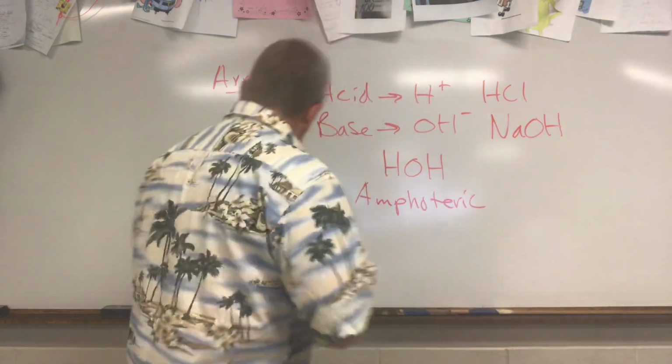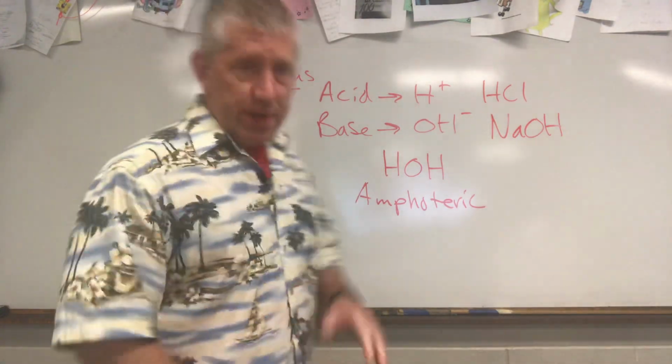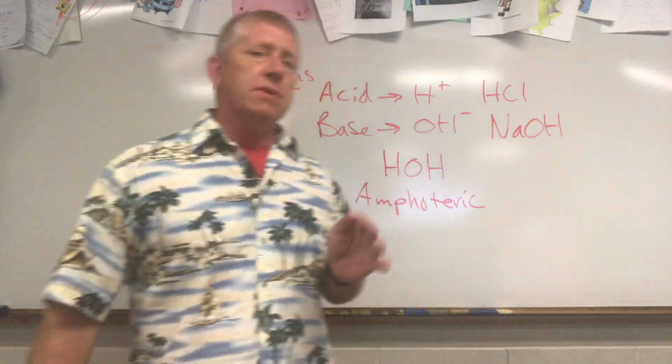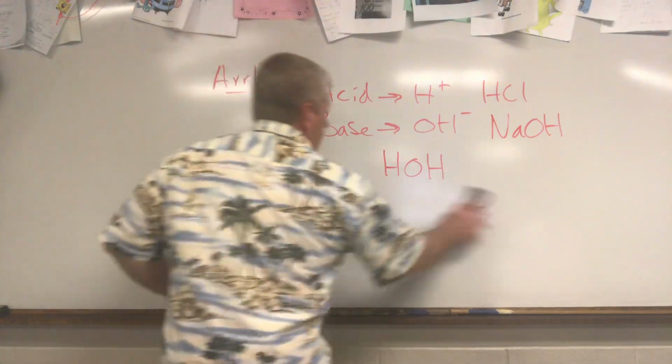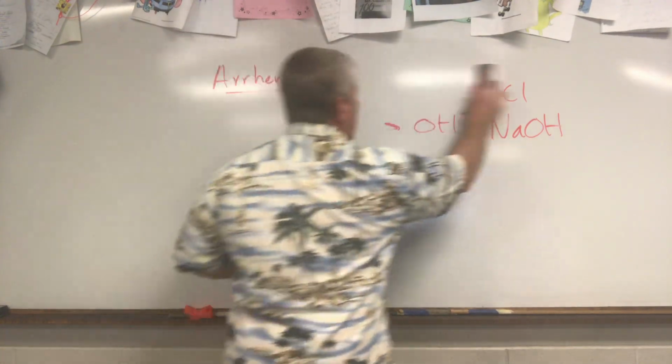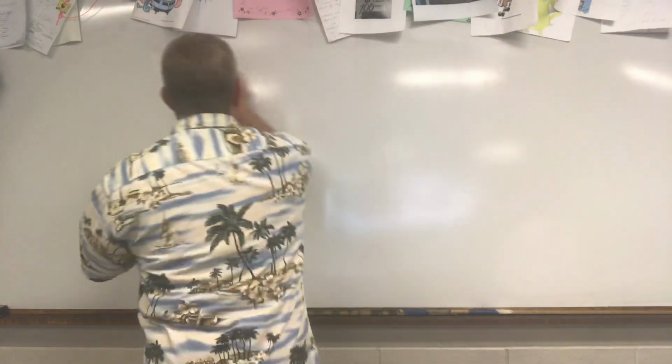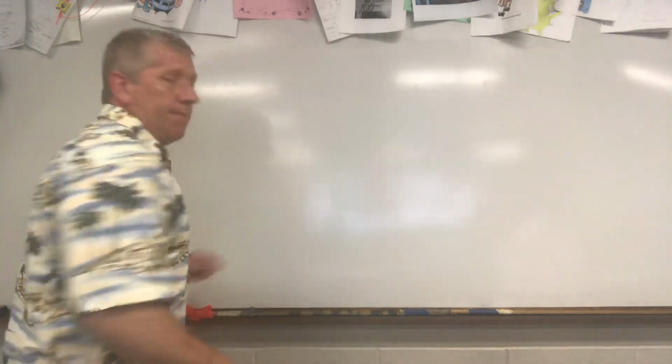Okay. All right. So there is your traditional definition of acid and base: hydrogen, hydroxide. Okay. Well, what's another one? Well, the one with the Bronsted. If you look at Bronsted, I put these little stars next to it because it's really important. We're going to spend some time going over a Bronsted acid and a Bronsted base.